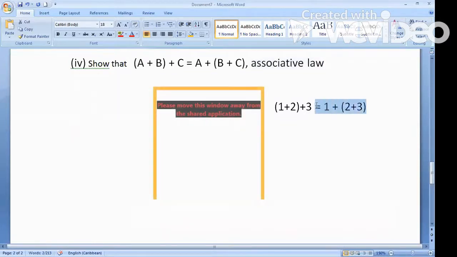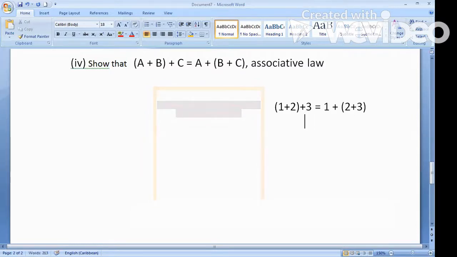Anybody following? Anybody lost? I'm lost, sir. The part where you set out 1 plus 2 plus 3 equals 1 plus 2 plus 3 in brackets. So you're saying 1 plus 2 equals 3, plus 3 equals 6, right?